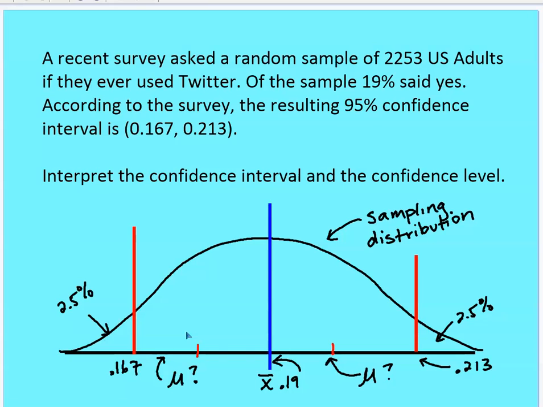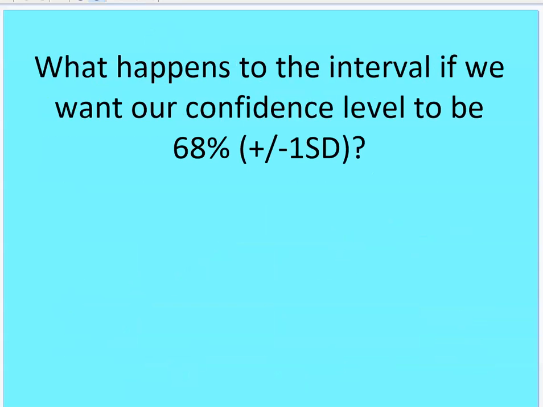All right, so here's a sampling distribution. Here's a normal curve. The true population mean is going to fall within this interval 95% of the time that we run the sampling of the 2,000 adults. All right, so there's that interval that we talked about.